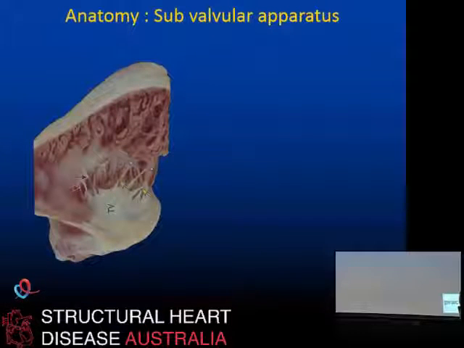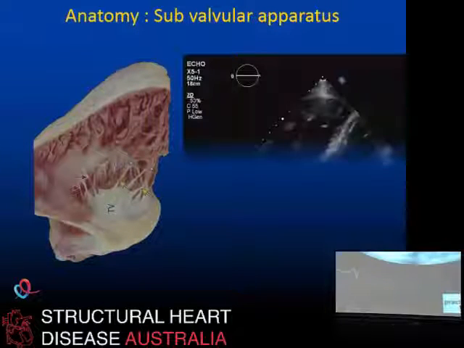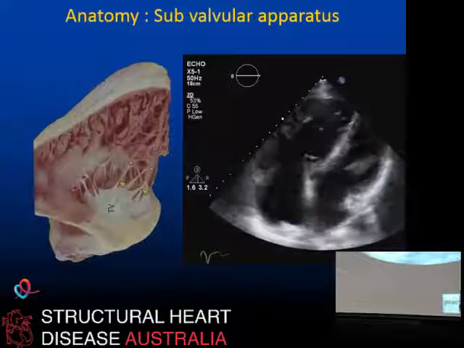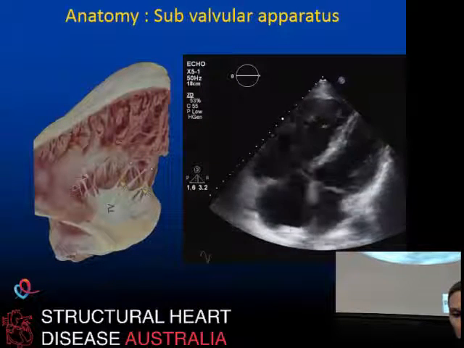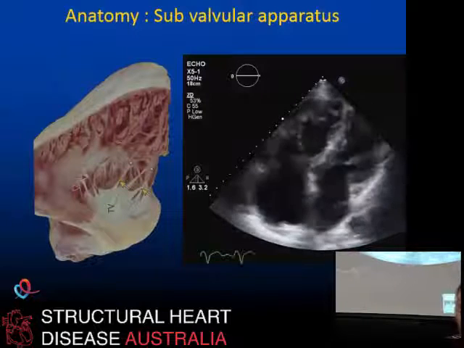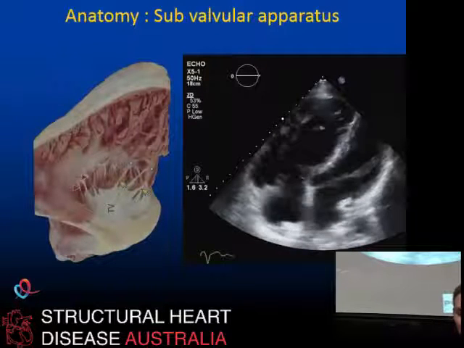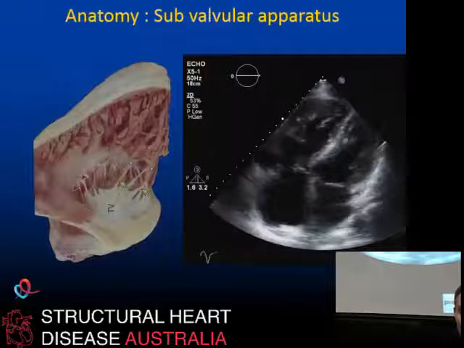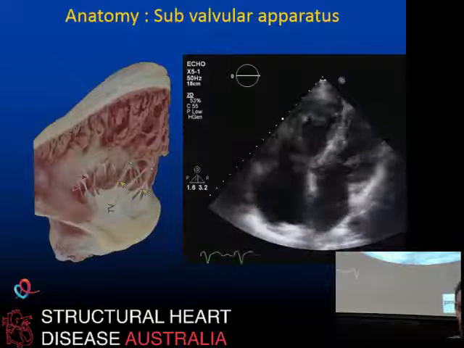The subvalvular apparatus is best seen from transesophageal imaging. In this particular example, where there is significant right ventricular dilatation in the 0-degree view, the subvalvular apparatus is nicely demonstrated.